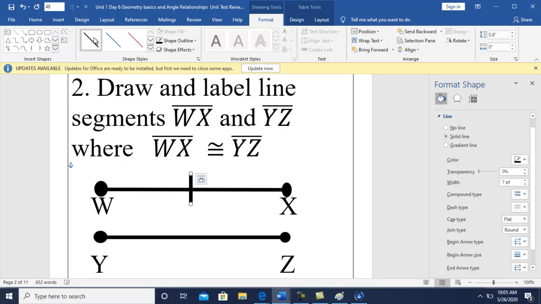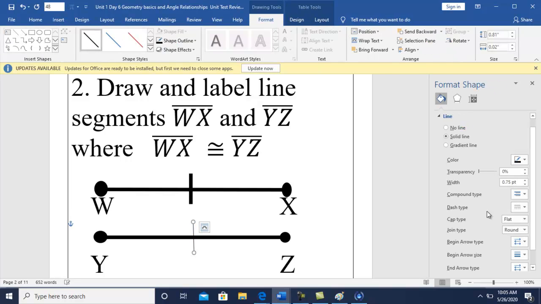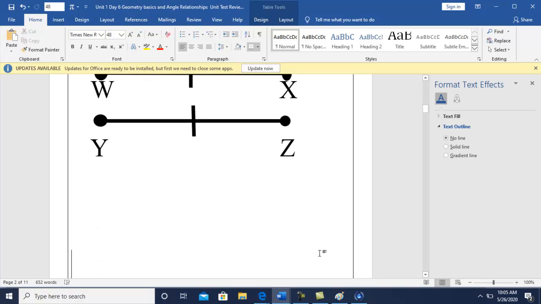It doesn't matter if it's just one tick mark or 2 tick marks. Let's do 1, it doesn't matter, just as long as they match. Alright, so that's number 2.